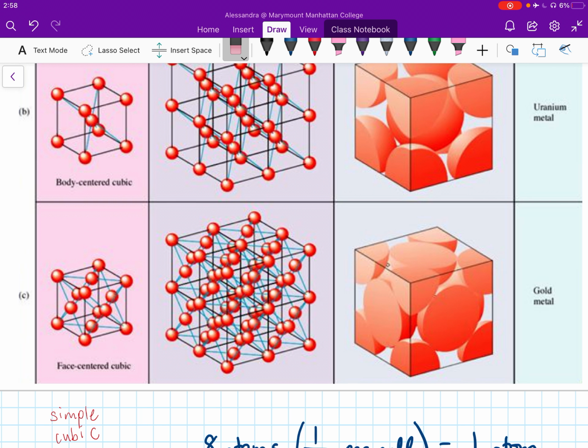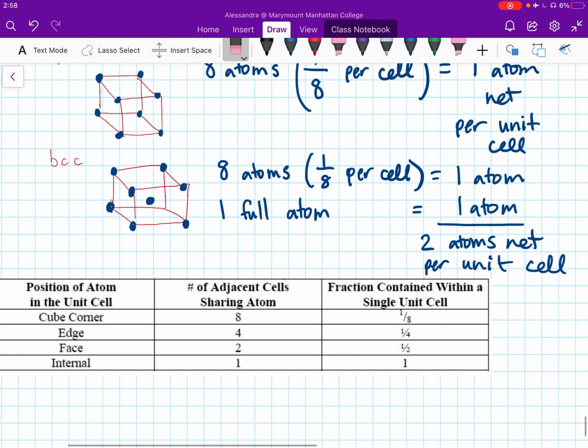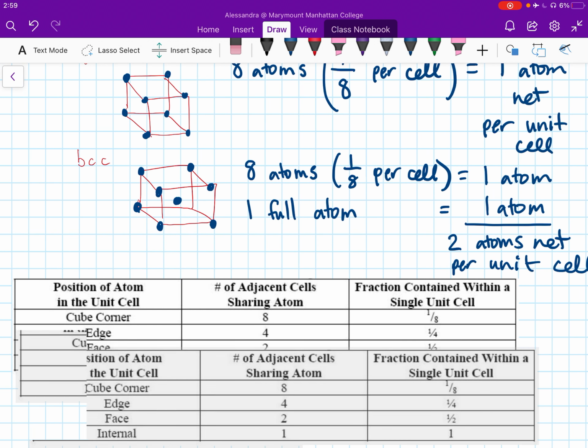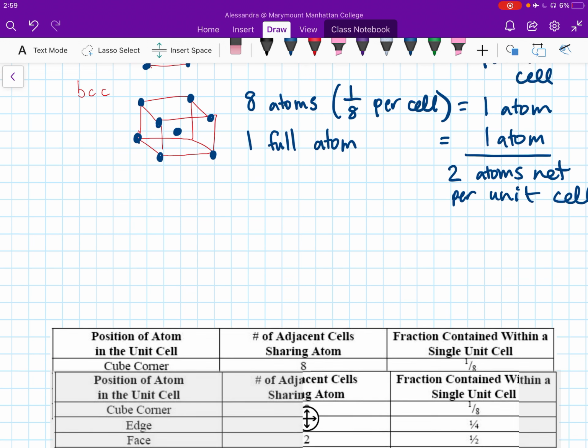You have 6 face-centered atoms, and each of those atoms is contributing half of itself to the unit cell. So let's do the arithmetic here. We'll talk about that summary table in just a moment.